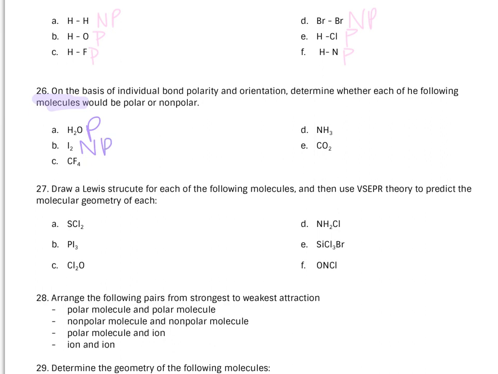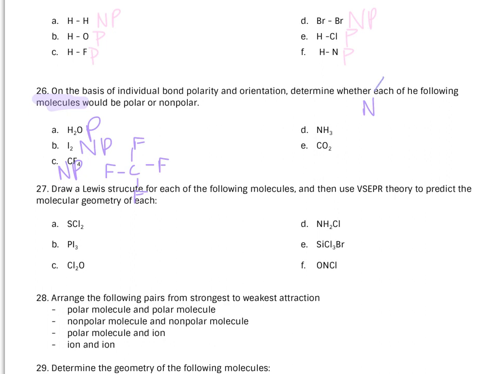So if we look at CF4, your carbon is going to be surrounded by 4 fluorines. And are the fluorines going to be attracted to each other? No. So it's not really going to form any different poles. It doesn't have any poles, so this one is nonpolar. D. Let's see.